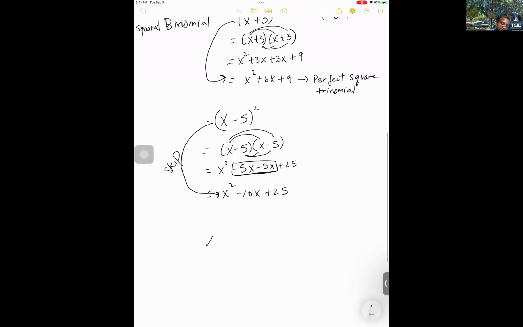Take, for instance, x plus 10 squared. I tell you that this is going to be x squared plus 20x plus 100. Can anybody tell me how I got this trinomial? I'm looking at the previous two examples. Anybody?